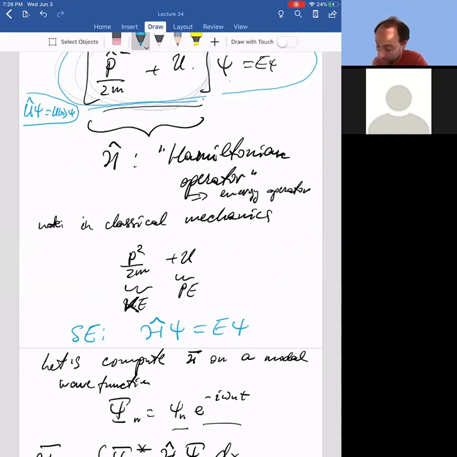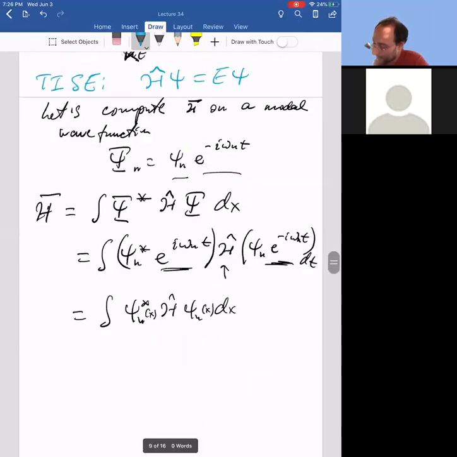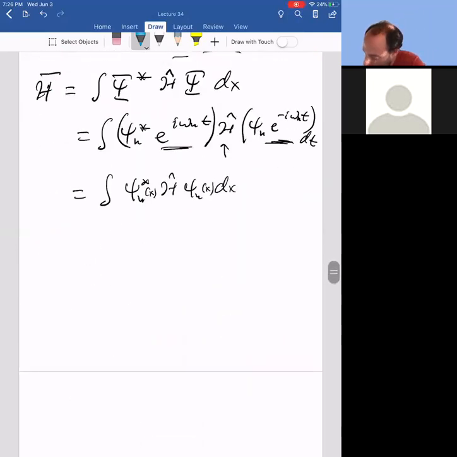That's really your time-independent Schrödinger's equation. In operator form, it's very compact. It has this very interesting feature that when the Hamiltonian operator hits the wave function, it gives back the wave function multiplied by a constant E. And that's exactly what we have here, right? So you see we have this.